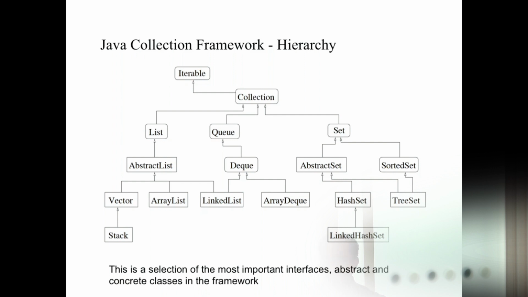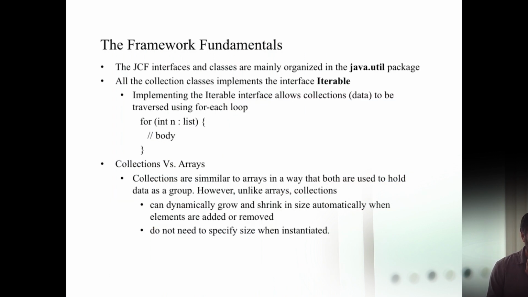They instead define the methods for that API, and some abstract functionality which you can extend and implement depending on your own needs. However, it also provides some default concrete implementations like ArrayList, LinkedHashSet, Hashtable, and things like that. So there are some fundamental things about the framework.